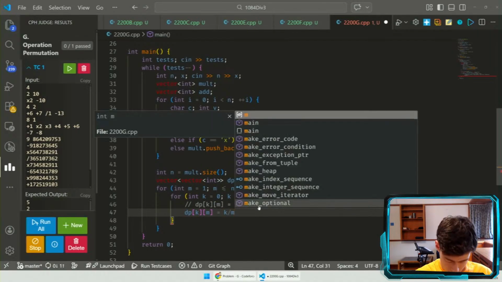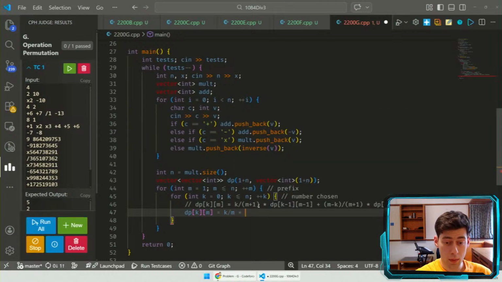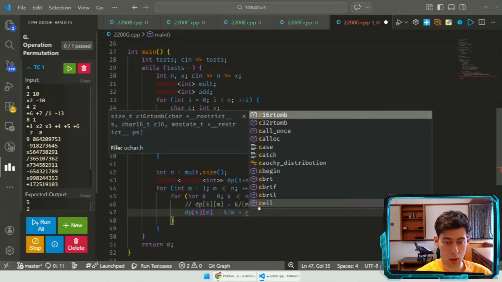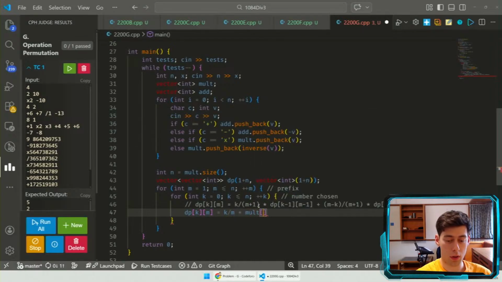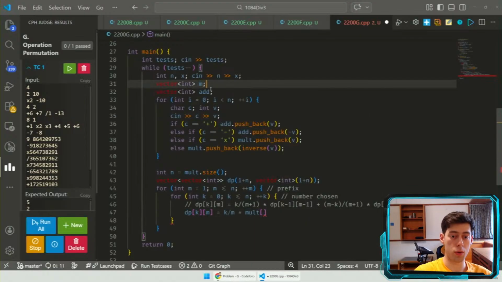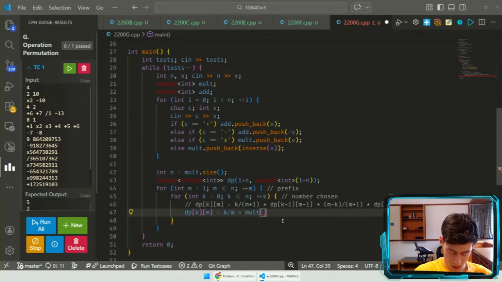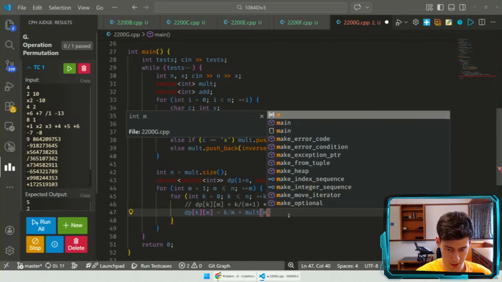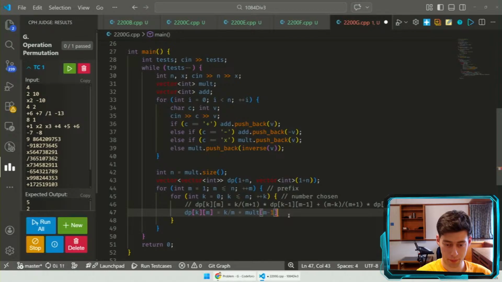In fact, what it needs to be is dp[k][m] equals k over m times, again, I'll fix this later, the coefficient. I'll leave it, times c_j, where j is m minus 1.